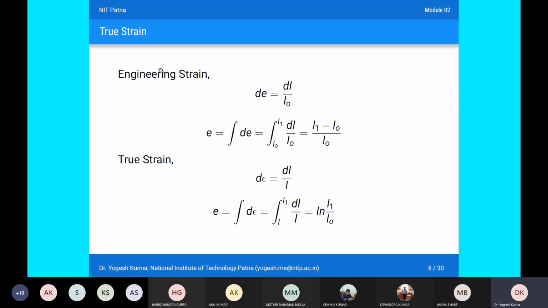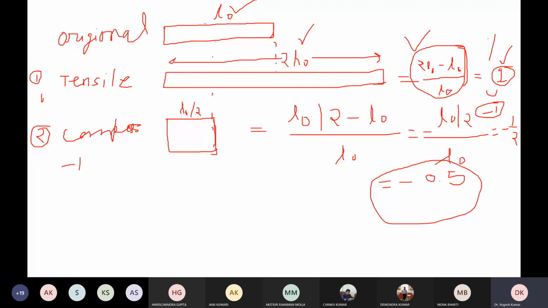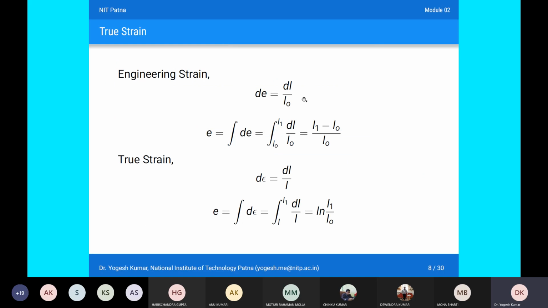Let us compare how engineering strain and true strain are being calculated. Let us take one small strip of metal. It is having some length L.